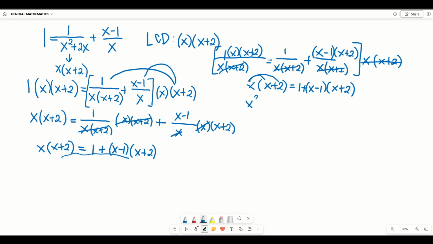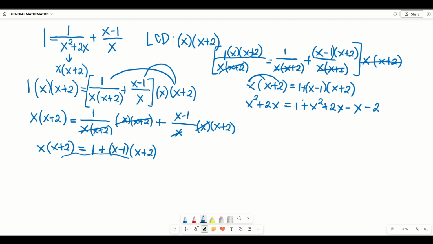I'll get x squared plus 2x is equal to 1 plus, by applying the FOIL method again, x times x is x squared. Outer, x times 2 is plus 2x. And then middle term is negative 1 times x is negative x. And negative 1 times 2, or the last terms, is negative 2.